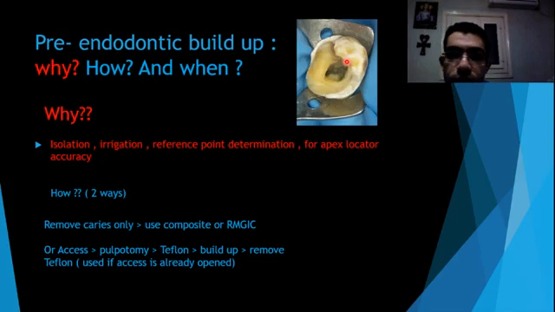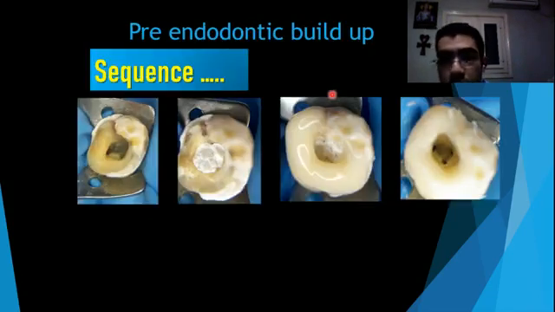Then you do your buildup and remove the Teflon, and you will have your access cavity open. These are 4 photos for the sequence. Here we have the access cavity opened. We blocked the access cavity with a piece of Teflon tape, then re-walling or rebuilding of the missing walls. Then by removal of the piece of Teflon, we have our access cavity open.